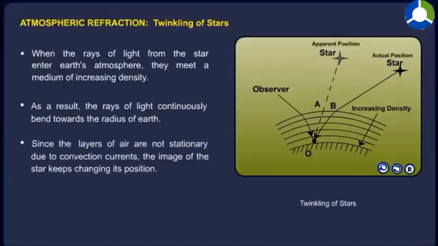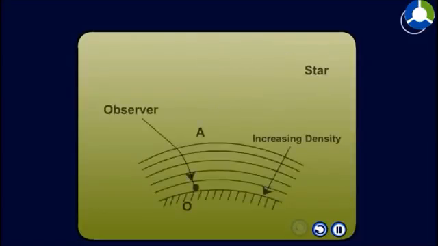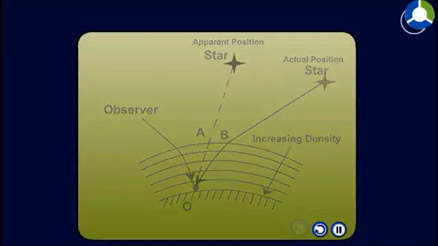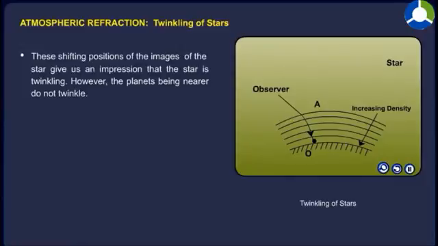Since the layers of air are not stationary due to convection currents, the image of the star keeps changing its position. These shifting positions of the images of the star give us an impression that the star is twinkling.